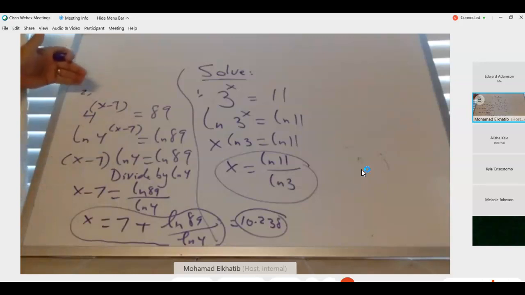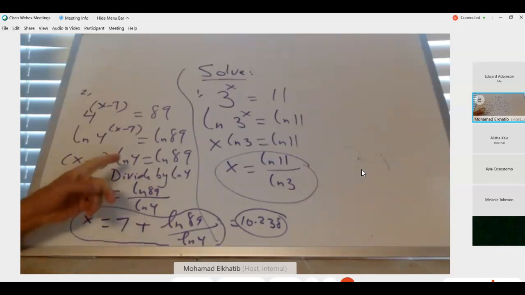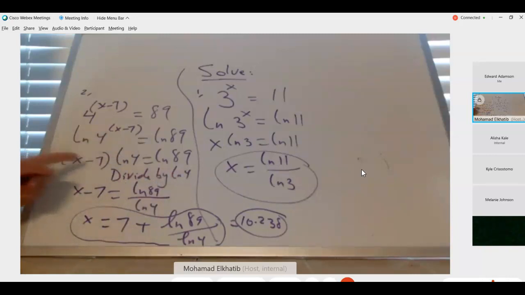So I can check my work. If I replace x with 10.238, 10.238 minus 7 gives me what? 3.238. And I bet if you raise 4 to the power 3.238, you're going to get close to 89, maybe 88 point something because we rounded. Okay?